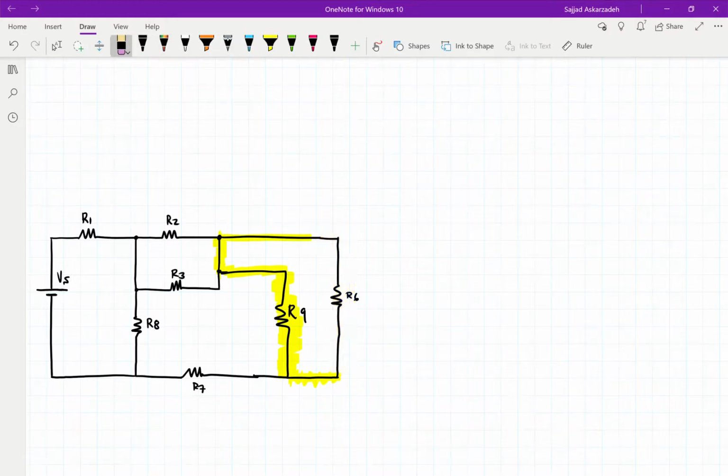R9 is in parallel with R6. They're sharing the same node here and the same node there. So we're going to combine these two resistors because they're in parallel.